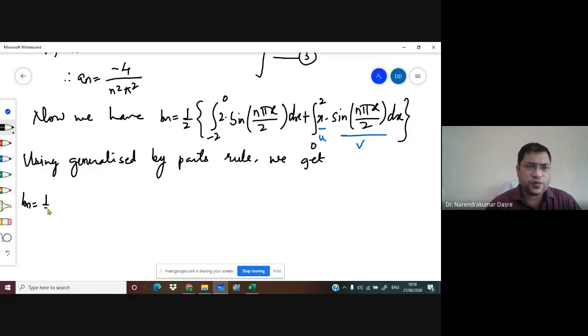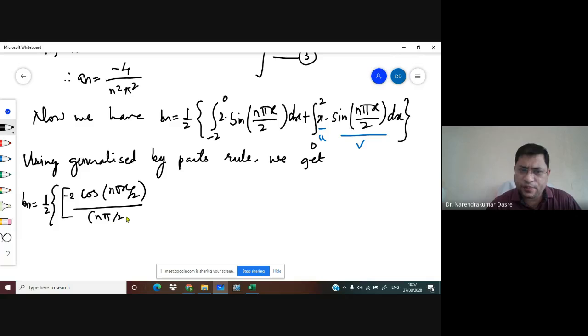Bn is equal to 1 half. For this integral, we have the integration of 2, which is minus cos of n pi x by 2 upon n pi by 2, with limits minus 2 to 0, plus.